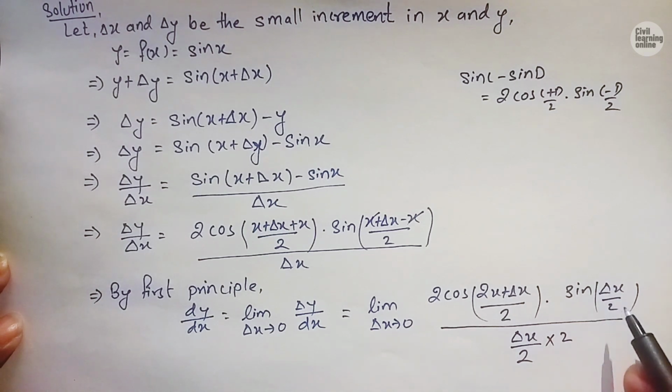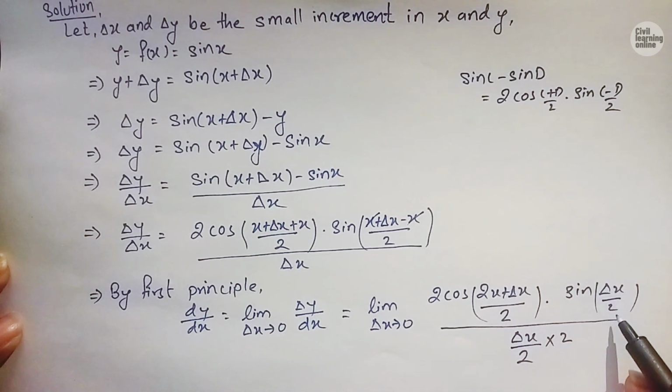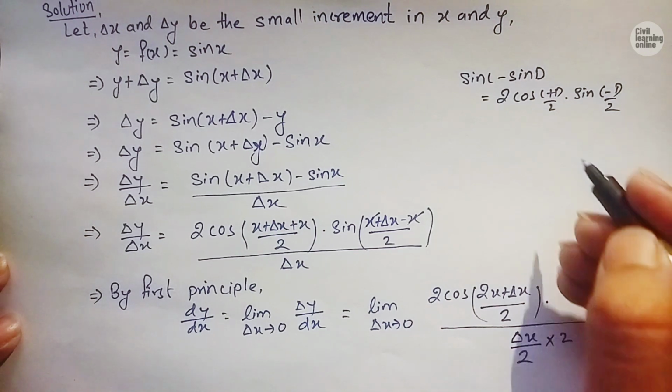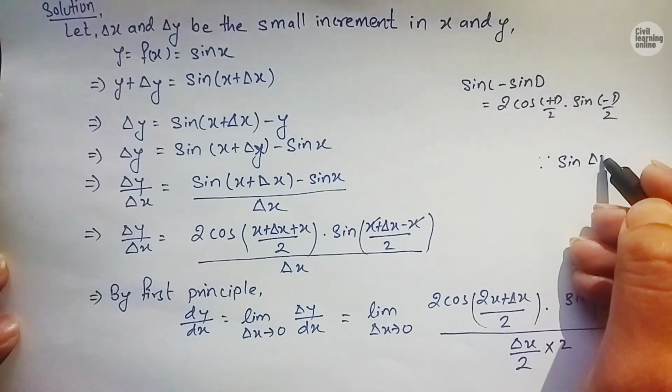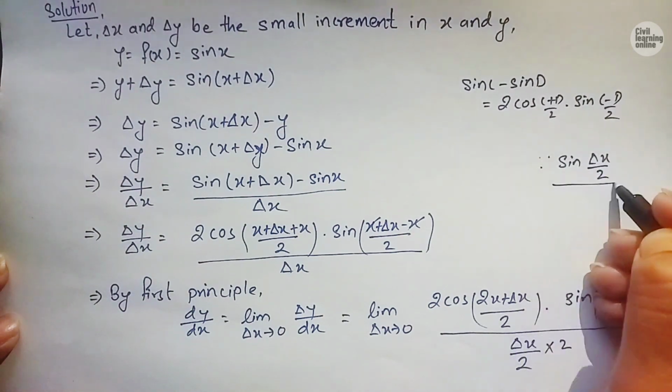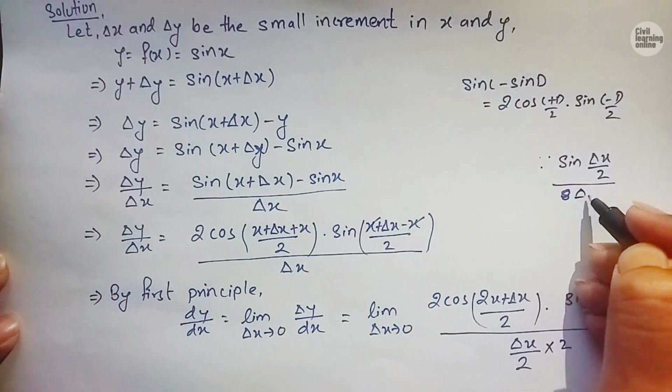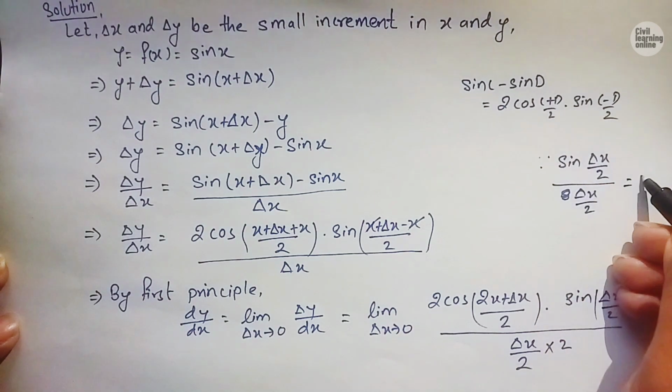So we know that sin(delta x/2) divided by (delta x/2) will be equal to 1.